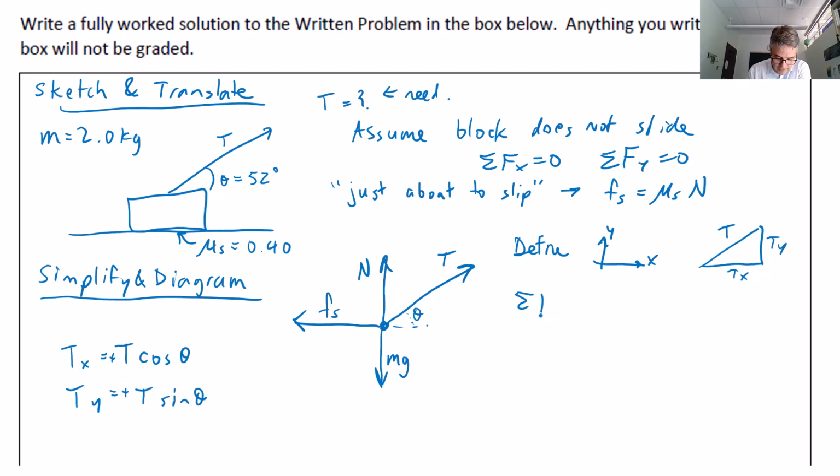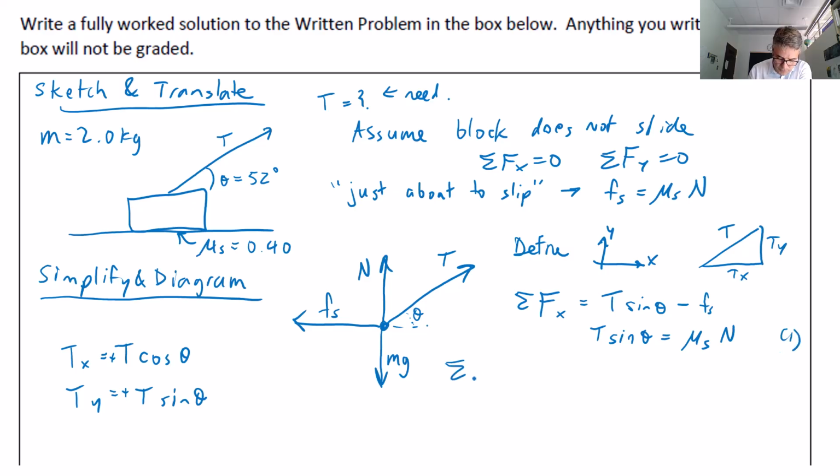Okay, so the sum of the forces in the x direction is going to be equal to t times sine theta minus the f sub s, and those are going to be equal. So t sine theta, and I can plug in my equation here, is equal to mu sub s times n. So that's one equation.